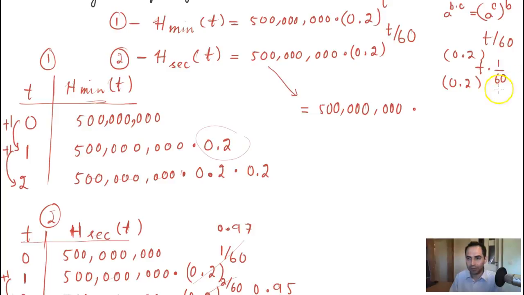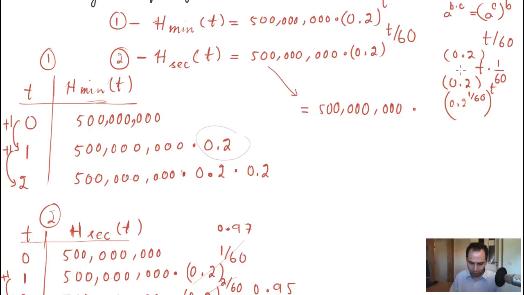I'm using this here, and this is your a, this is your b, this is your c, like this expression here, and I want to write it like the expression on the right side. So I can write this as 0.2 raised to the power 1 by 60, whole raised to the power t.